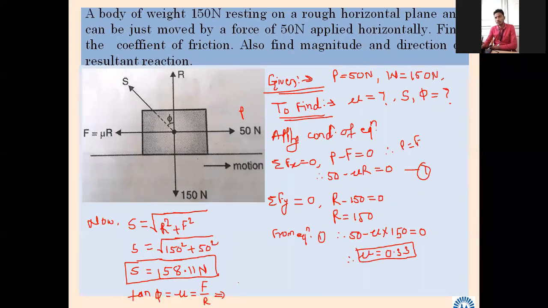Therefore, phi equal to how much? 18.26. Exactly, 18.26 degrees.